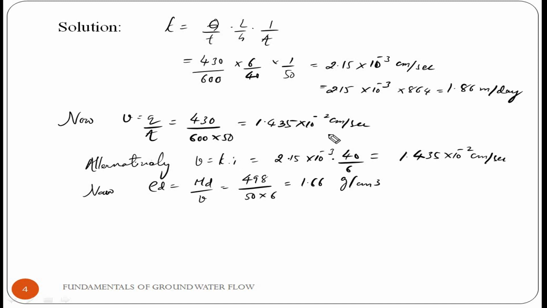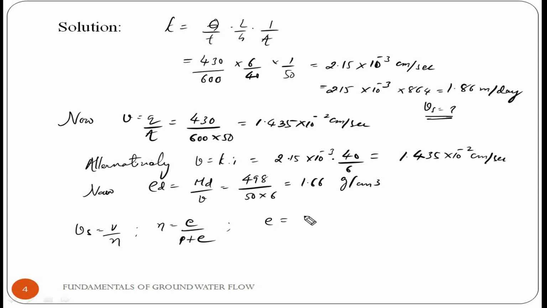So the seepage velocity we need to calculate, that is Vs. To calculate Vs we require Vs is equal to V by n, where n is the porosity. To get n value we need to get the void ratio, n is e by 1 plus e.